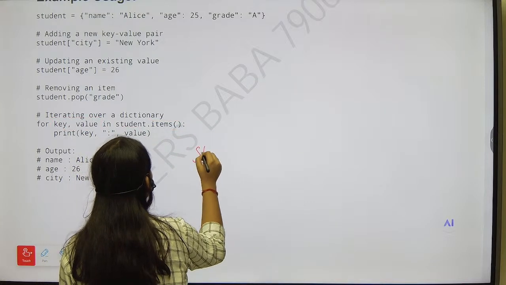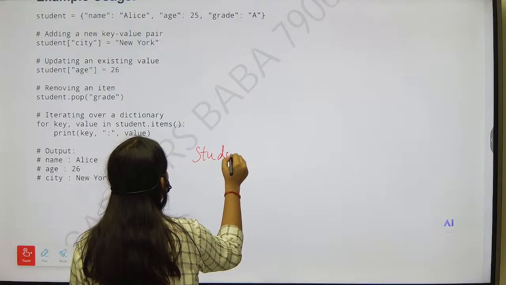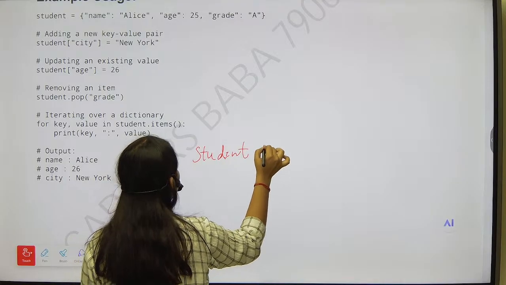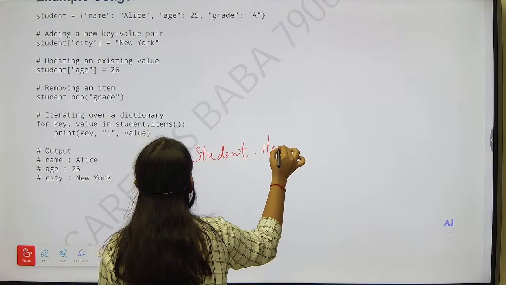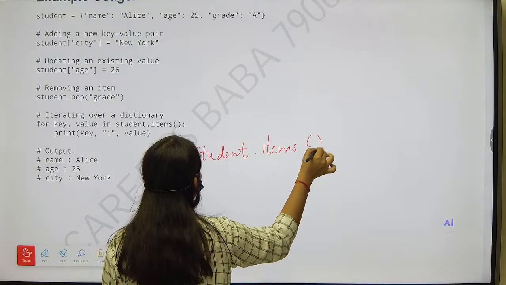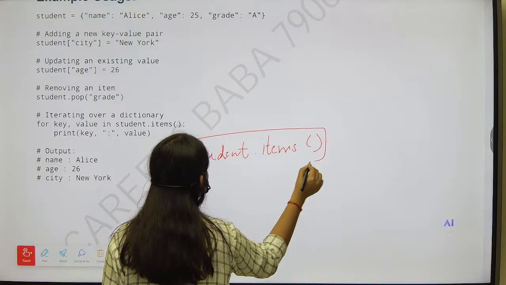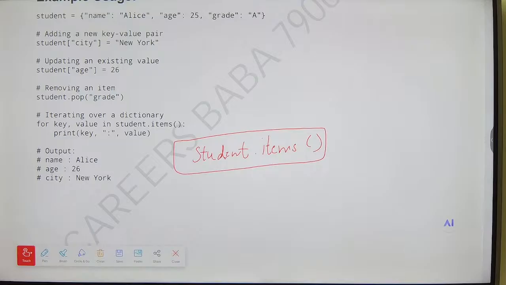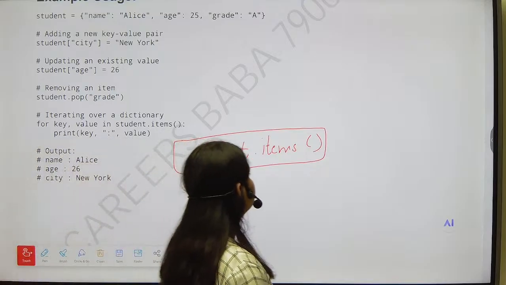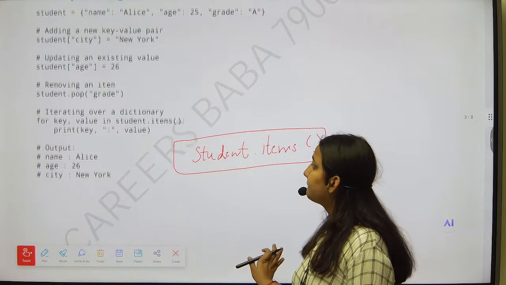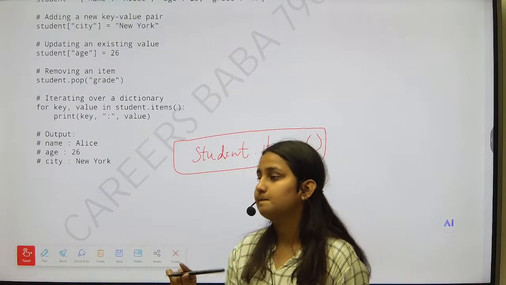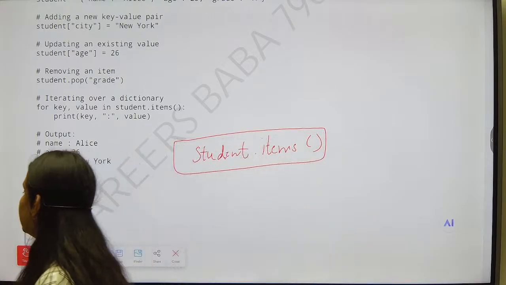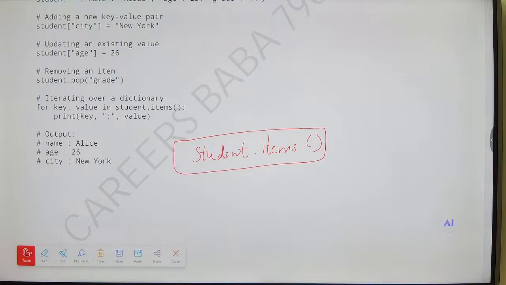So this student.items will do what? Yes, it will return the key and value pair.